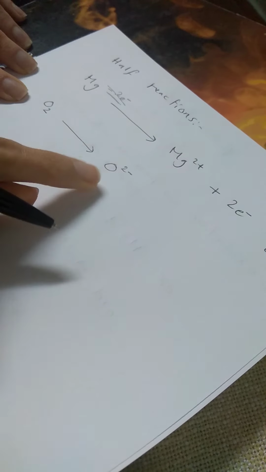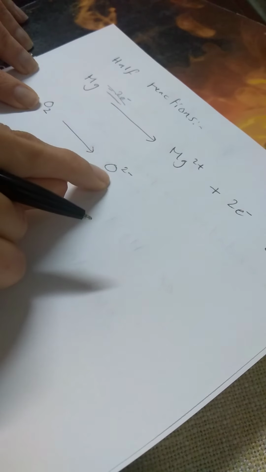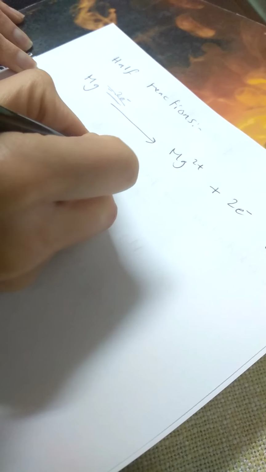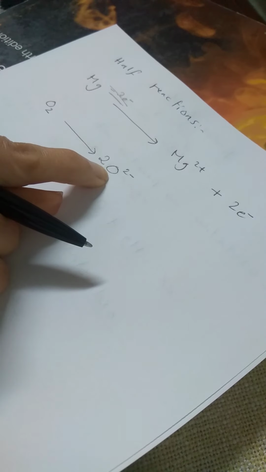Let's talk now about the oxygen. It was O2, and then it's O negative 2. Before working with the electrons, we have O2 here, so 2 atoms of oxygen, and here 1 atom. So we have to balance the equation to have 2 oxygen atoms here and 2 oxygen atoms here.